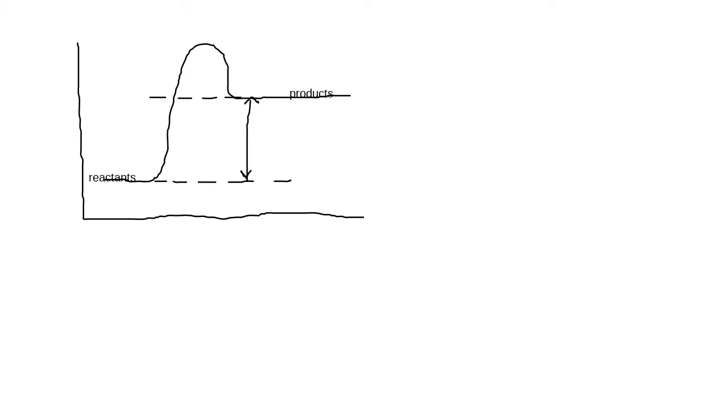Which variable is that? Delta G again, very good. So I'm going to put a delta G in here. And this time, the change in free energy, is it positive or negative? Now it's positive. Very good.